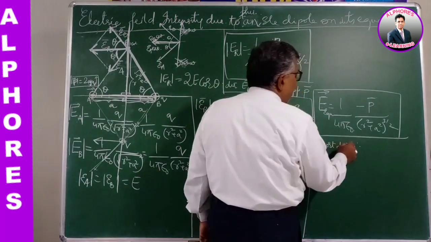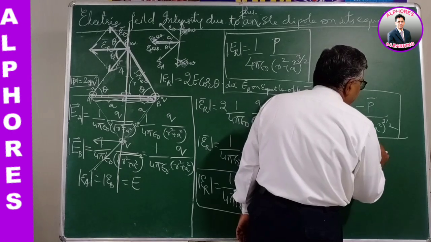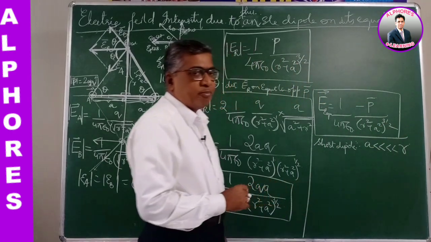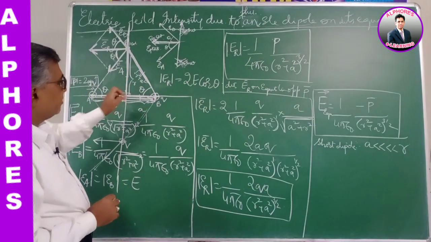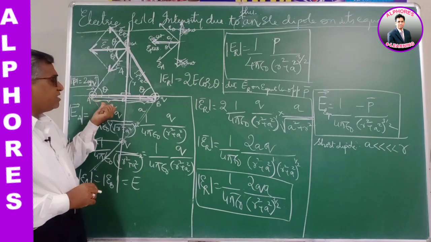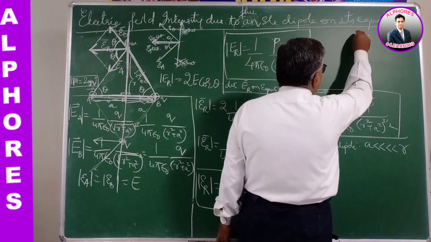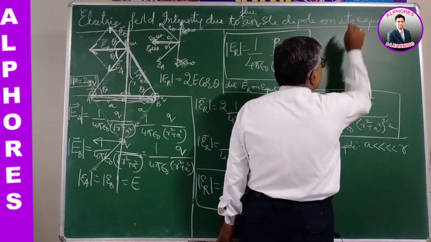So for this short dipole, the distance between the charges, A, is very much less than the distance of the point of consideration, that is R. Considering A is very much less than R, if you look at the diagram it appears like this. The dipole is short like this, but the distance to the point is far away.